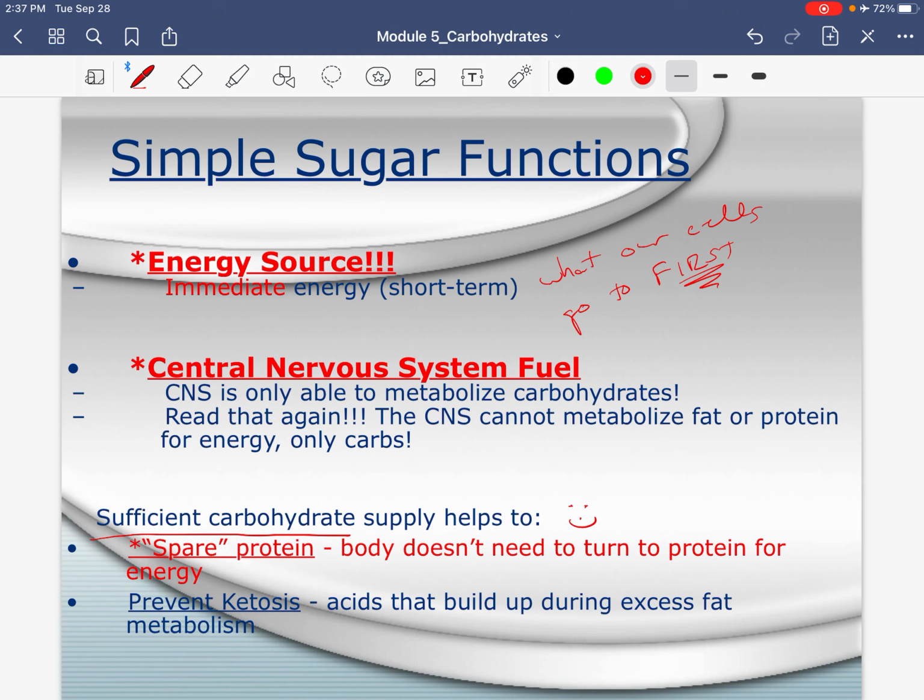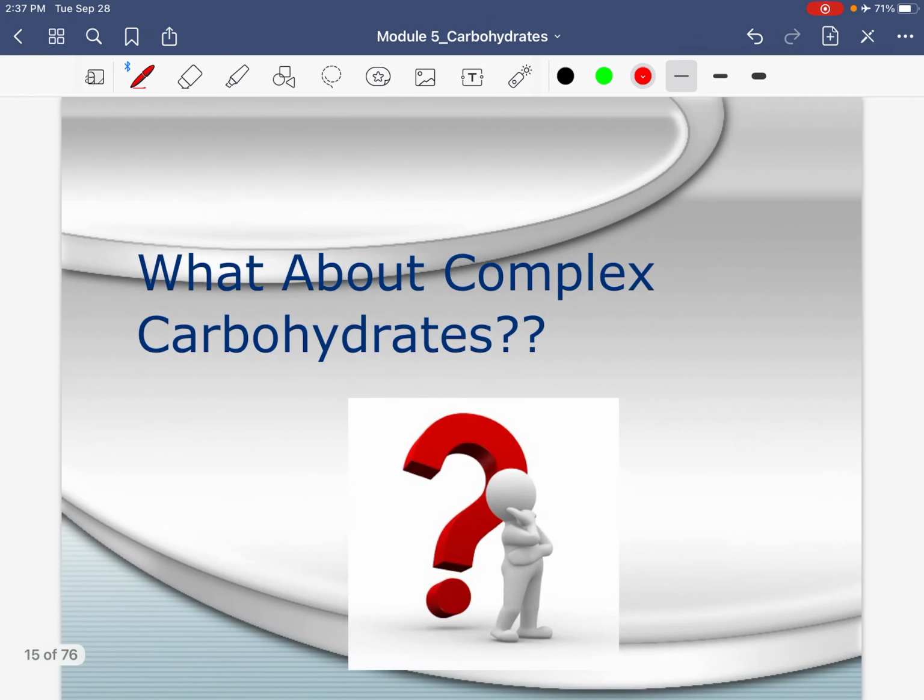Too many carbs can have negative side effects, but if we bring in a proper amount of carbs, if we bring in enough, if we're not too low, then our body doesn't have to turn to protein for energy as much. So we can spare protein and use protein for what it's really designed for. Structure, forming chemicals. So you should know all three of those things as functions in red.